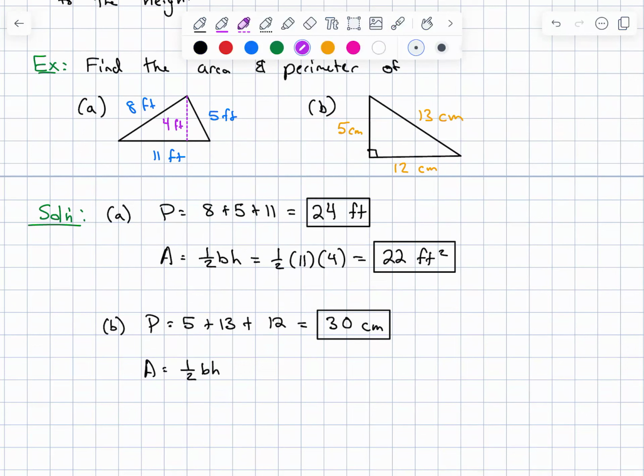So I'm going to make a comment here and say that the side length is also the height, because it's perpendicular to the base.